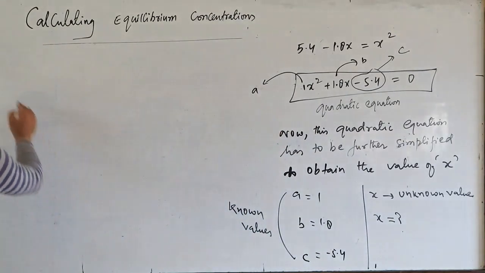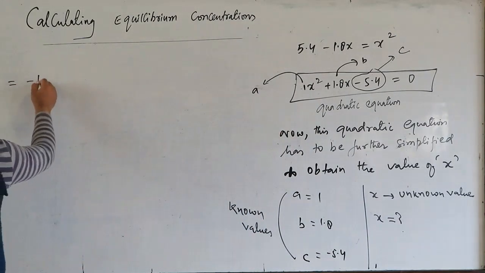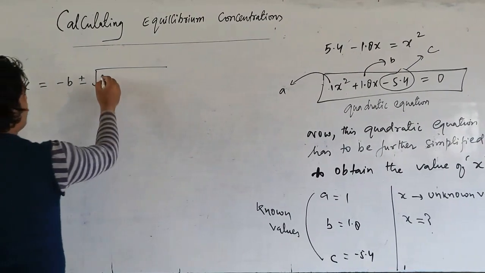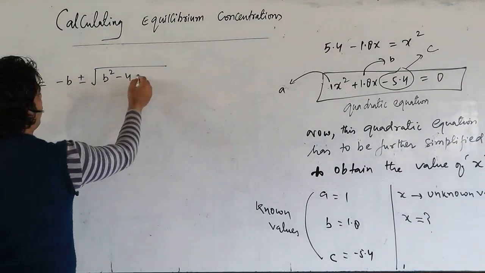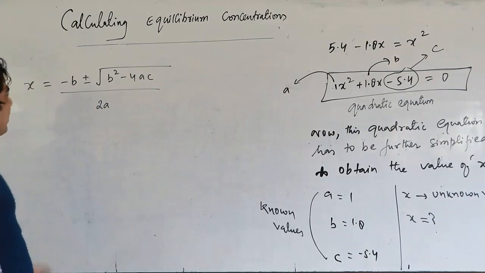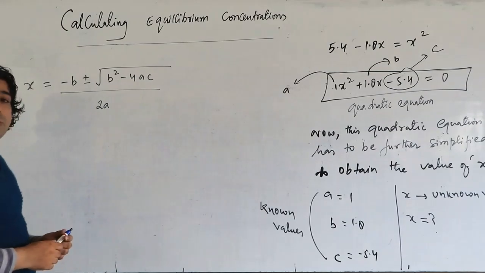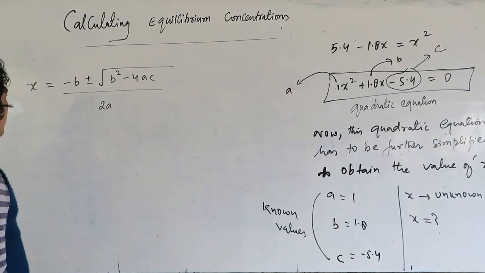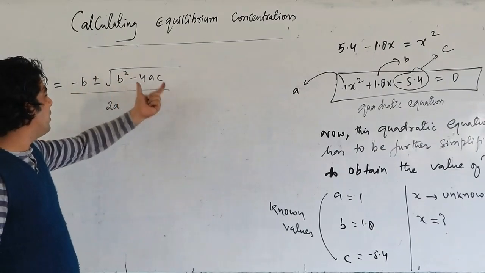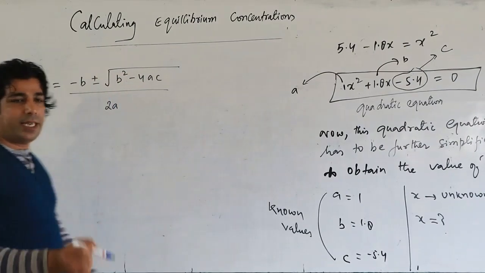So let us see how to find out this x value, my dear friends, by using a formula. The formula is like this: x is equal to minus b plus or minus square root of b square minus 4ac, divided by 2a. This is the formula for the calculation of x when you have a quadratic equation. So let us put the values of b, a and c and find out the x. Have a look.